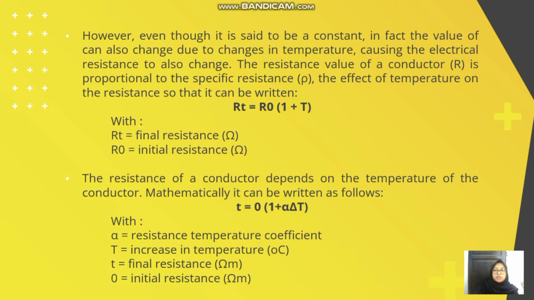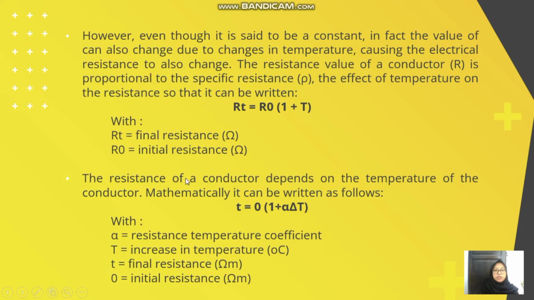The resistance value of a conductor R is proportional to the specific resistance P, the effect of temperature on the resistance, so that it can be written Rt equal R0 times 1 plus alpha delta T, with Rt equal final resistance in ohm and then R0 initial resistance in ohm.